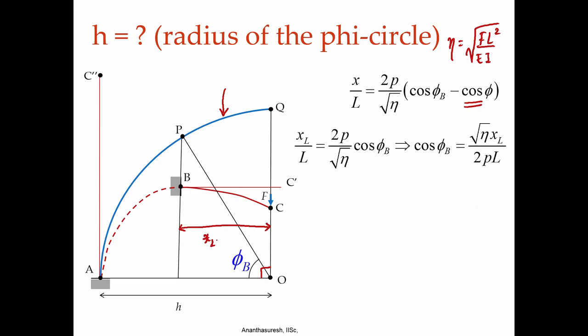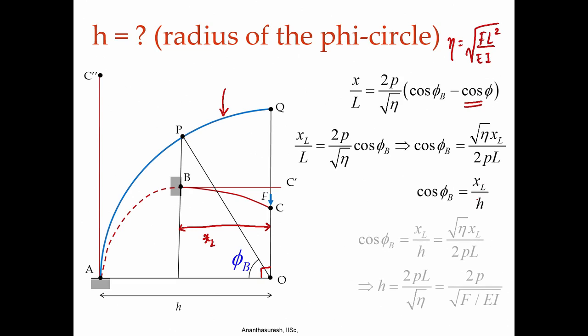Okay. Now, we can also see that cosine phi b is equal to x sub L by h. This is x sub L and h is this radius here. Cosine phi b is also equal to x sub L by h. By comparing these two, we can get that h.